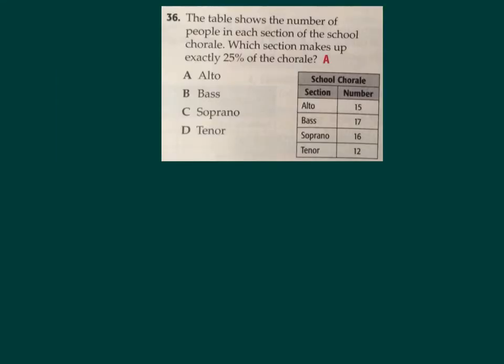Question 36 says, the table shows the number of people in each section of the school chorale. Which section makes up exactly 25% of the chorale? Well, right off the bat, we know that the right-hand side is going to be 25%.